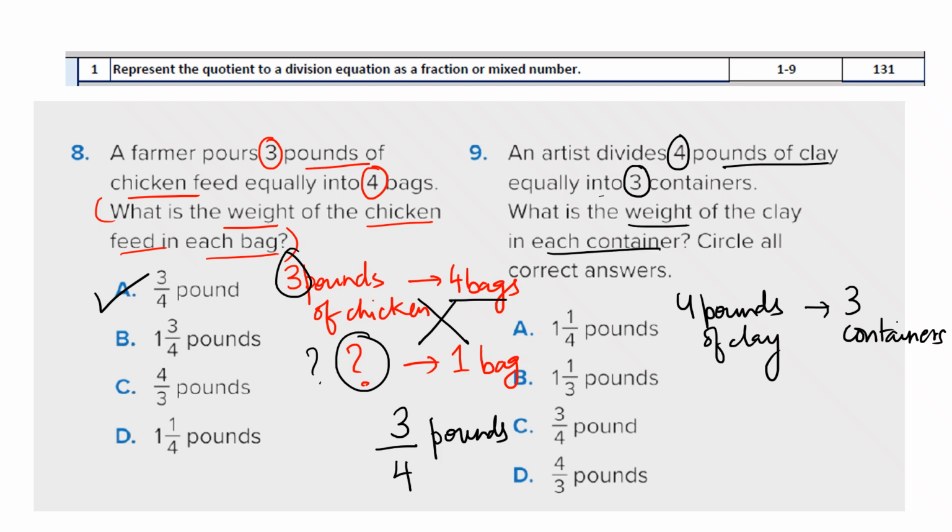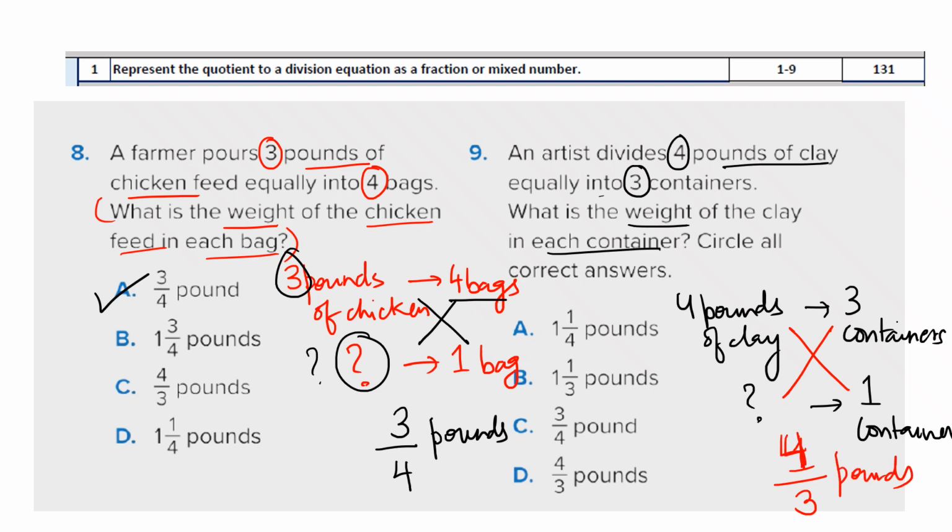Each container means, again, just like question number 8, one container, how much clay it can carry. We don't know, so we can put a question mark or we can put X, anything, and then we do the multiplication. So 1 times 4 is 4. So this is 4 over 3 pounds.